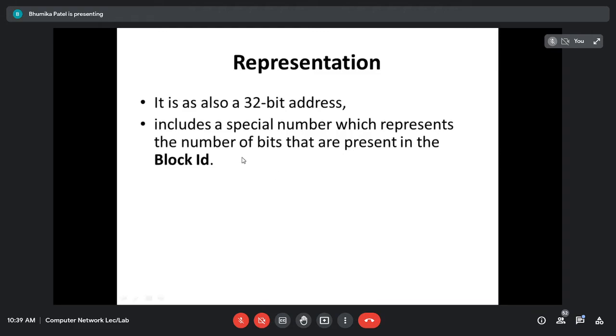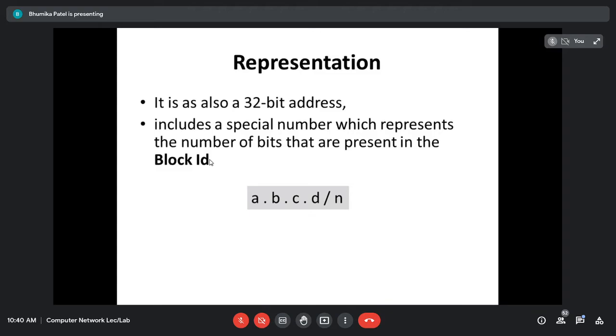Okay. So it represents the number of the bits in the block ID and how it is going to be represented using the slash notation. So here this is your IP address, right? Whatever IP address it will be, followed by /n. So here /n means it represents the number of the bits in the block ID. Block ID means I will be given a block of the IP addresses.